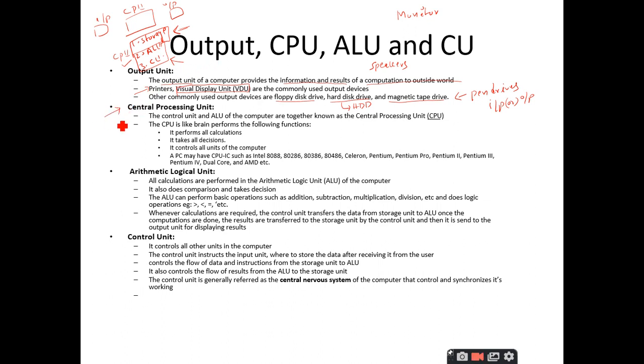Coming to the part of CPU, it is called the central processing unit. Why it is called the central processing unit is because this unit consists of the components that are required to perform the processing. You want to perform arithmetic processing, yes, you can do it by making use of ALU. You want to perform some logical operations, you can do it by making use of ALU. Since the ALU and CU are present inside the central processing unit, we are calling it the central processing unit.